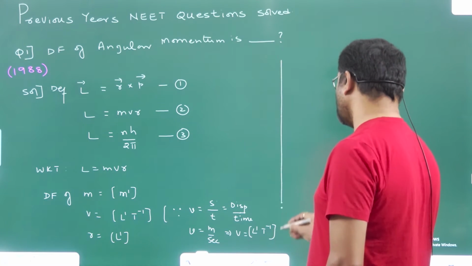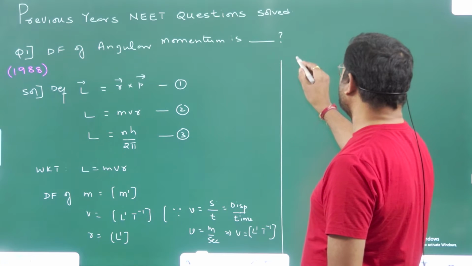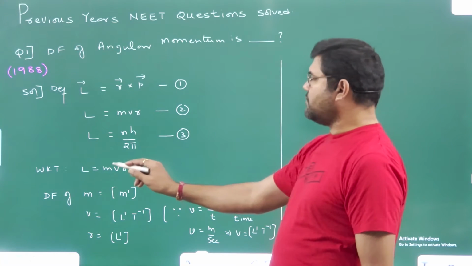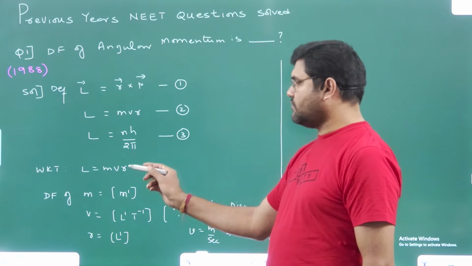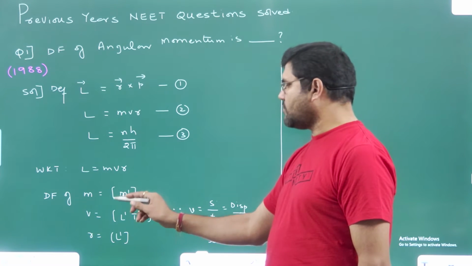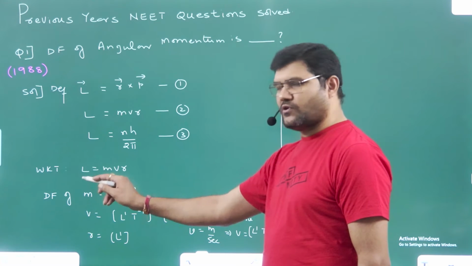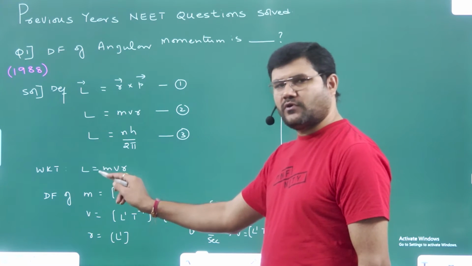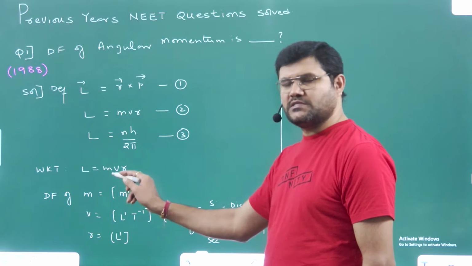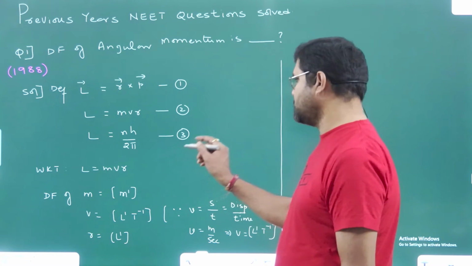So now, the dimensional formula of L, which is a product of mvr, will also be the product of the dimensional formulae. The dimensional formula for L will be the product of all the dimensional formulae of the physical quantities individually existing.